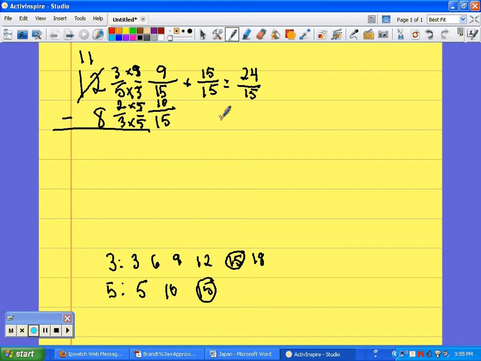Now we can subtract 24/15 minus 10/15, and we would get 14/15, and 11 minus 8 is 3. So our answer would be 3 and 14/15.